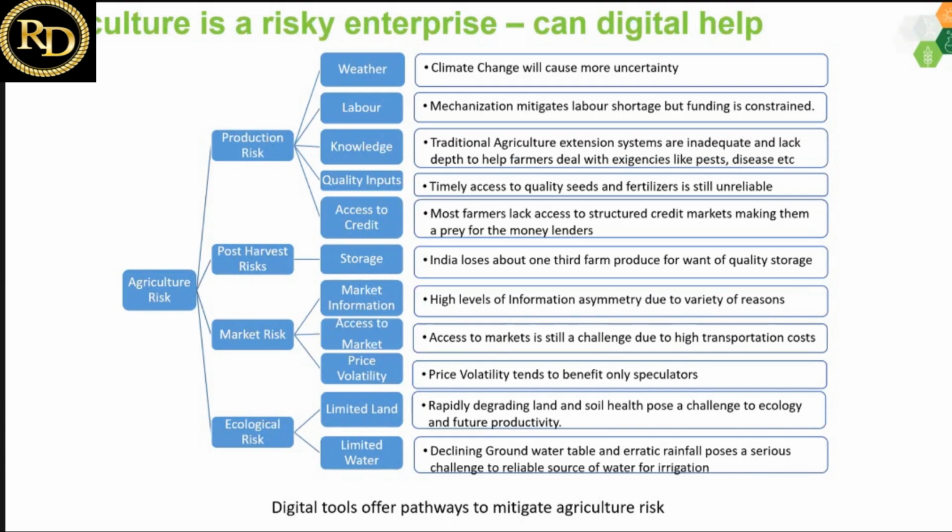Agriculture is at risk at 4 points: production risk, post-harvest risk, market risk, and ecological risk. These are the 4 areas where farmers everywhere are encountering problems. At the production risk stage, first is weather and climate, such as a delay in monsoon, or excess monsoon, or drought.